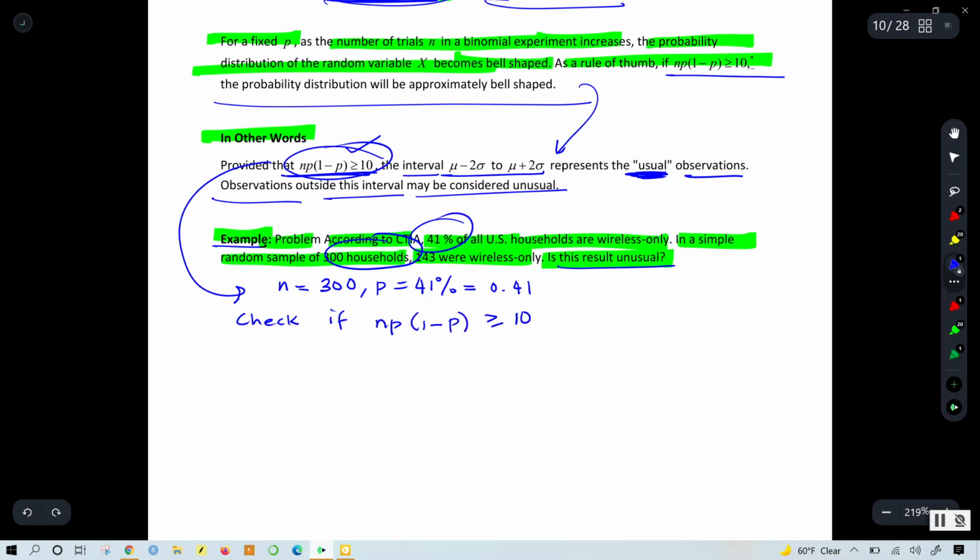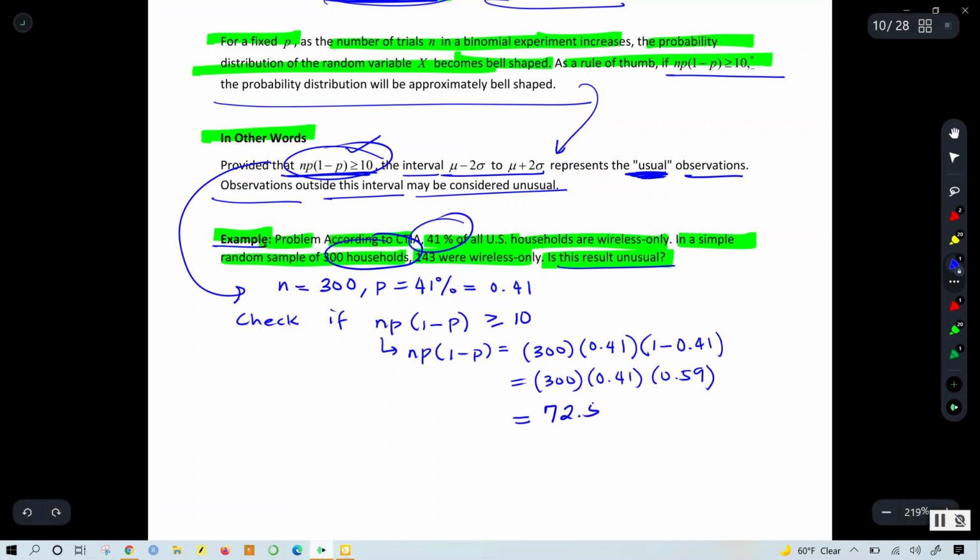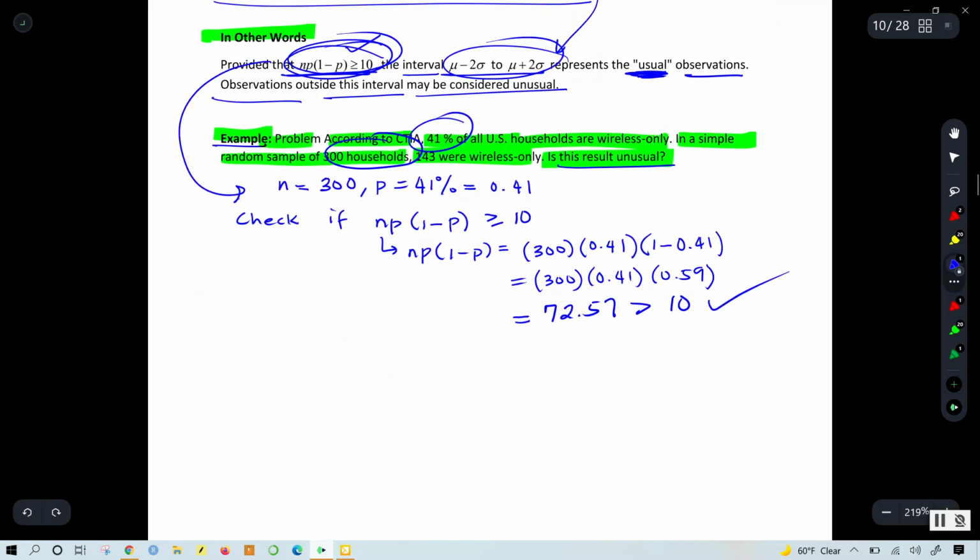So let us check if the answer for n times p times 1 minus p is at least 10. So np(1 minus p) will be 300 times 0.41 times 1 minus 0.41, or 300 multiplied by 0.41 multiplied by 0.59. And that will be equal to 72.57, which checks out. It is greater than 10. So since this condition is met, I can construct this interval.